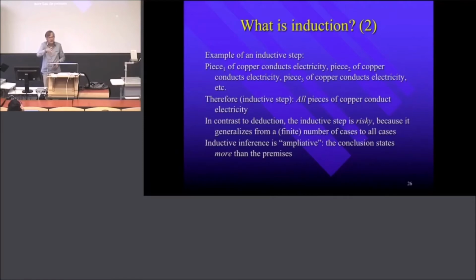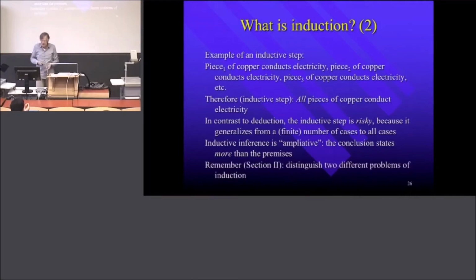It usually states less, but it states the same stuff that is already contained in the premises. So if you believe the premises, you have to believe the conclusion. That's different in inductive inference, because it is ampliative. Deduction is non-ampliative. I always have that in the back of my mind. The conclusion is just richer than what's in the premises, so you can't get a guarantee of its truth even if you know that the premises are true.